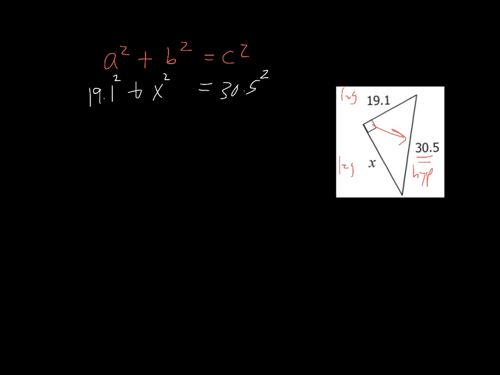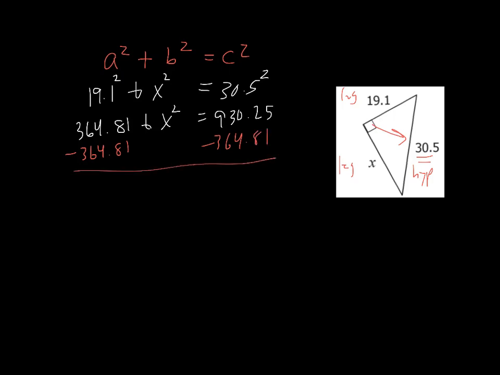Now let's go ahead and square those values. I get 364.81 plus x squared equals 930.25. Now I need to get x squared by itself, so I'm going to subtract 364.81 from both sides.